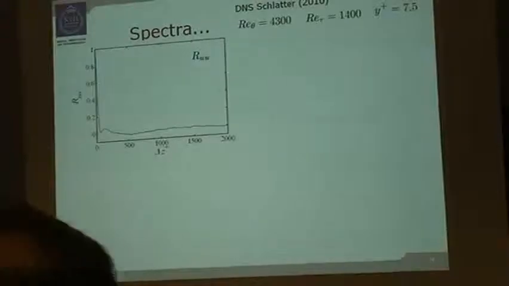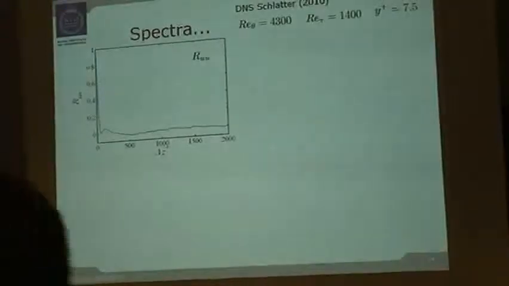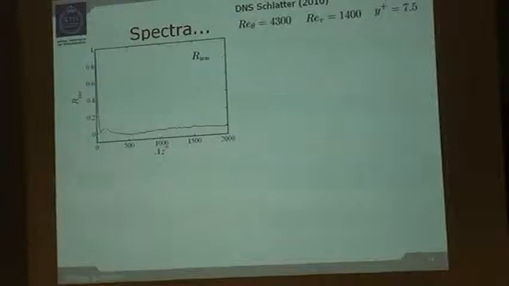So I just would like to illustrate this process of going from two-point correlations to spectra during this series of slides. So we start again with the two-point correlation of the streamwise velocity component close to the wall. Now we consider a high-Reynolds-number boundary layer flow.